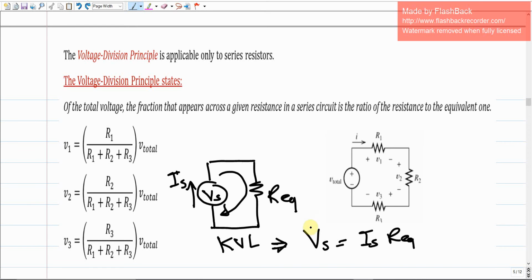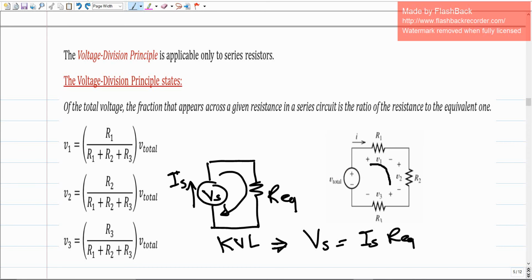Again, this is the total voltage from the source. Is there any way to figure out the voltage over R1, R2, R3, in comparison to V total, when V total is already given? Can we figure it out directly without solving Kirchhoff voltage law?